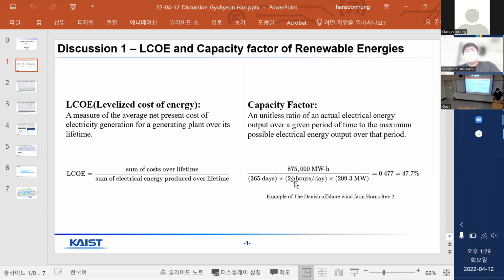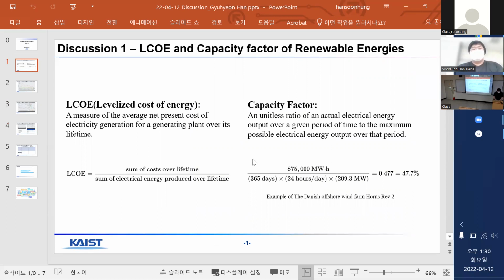We use 24 hours, because the meaning of capacity factor assumes the generation process runs for the whole time. So you can see that solar power's capacity factor is quite a bit lower than the others.